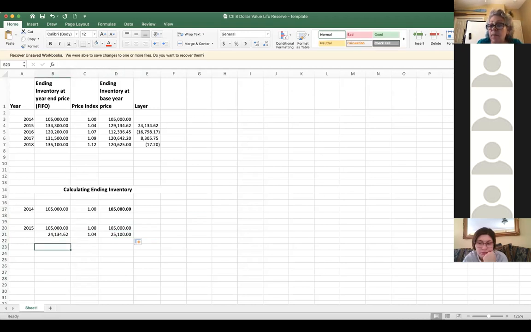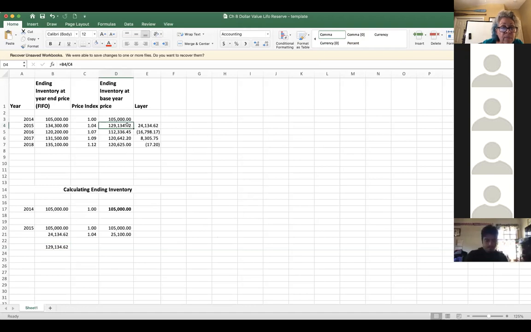When I sum my ending inventory at base year price, I ended up with the same number as the ending inventory base year price here. All I did was break it into the different purchasing layers that we have.